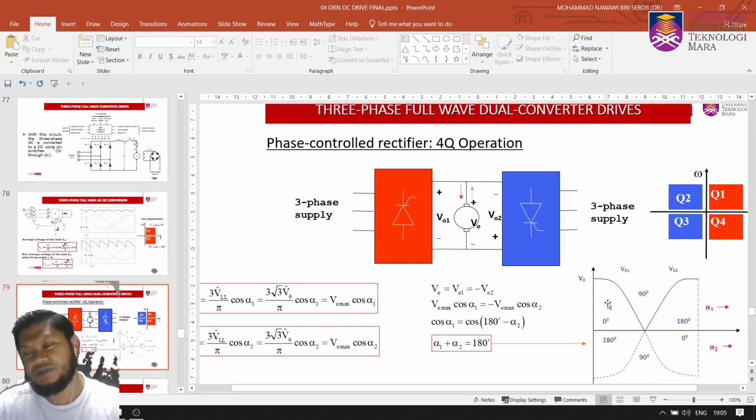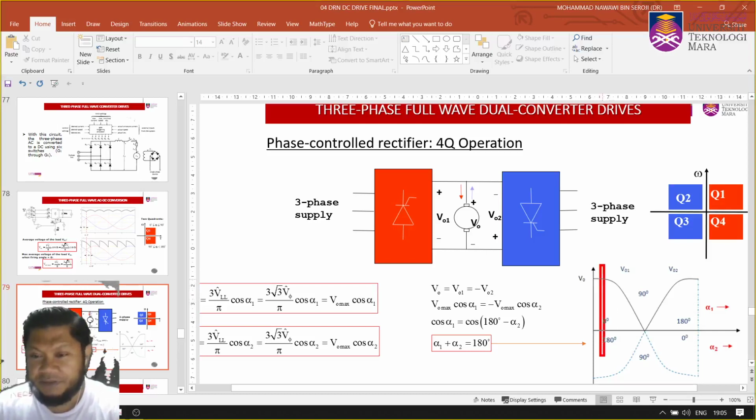It's always reverse, isn't it? Which means if you stay at this particular point, let's say this is 30 degree for alpha 1, but for alpha 2 it is reverse. It is 180 degree minus 30 degree.